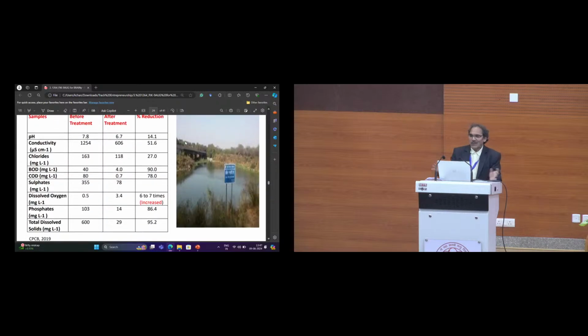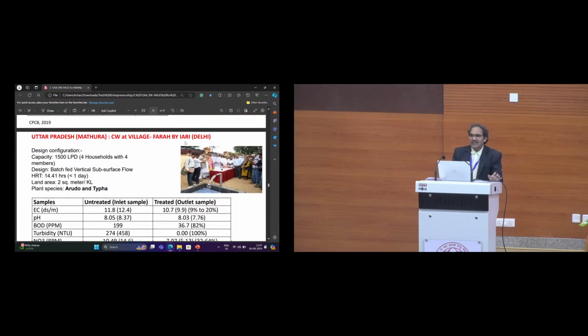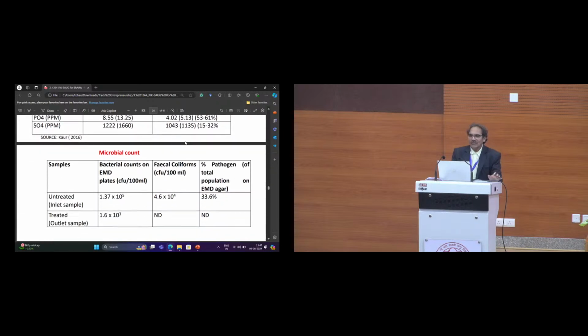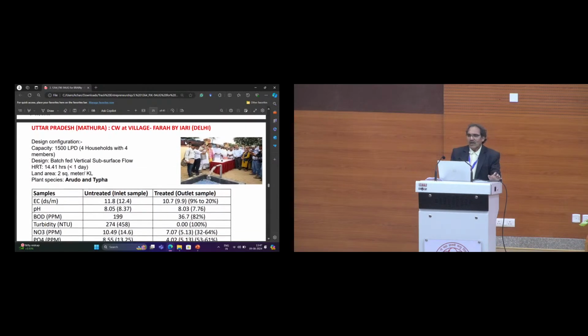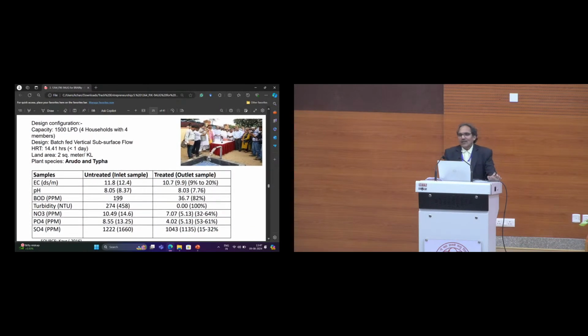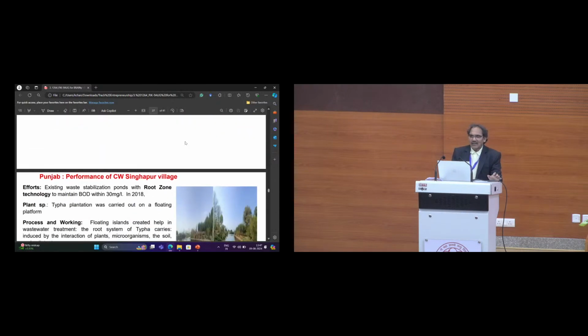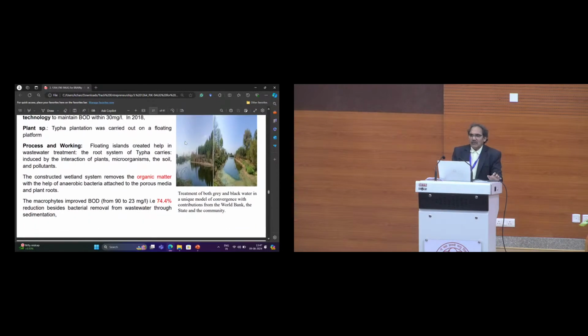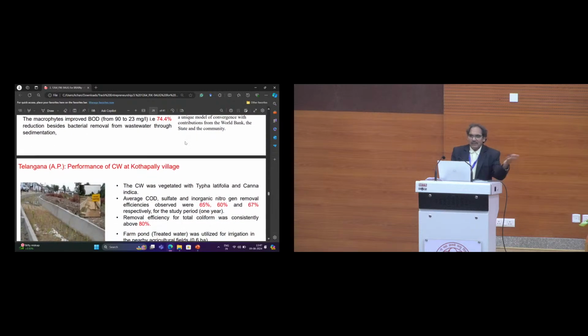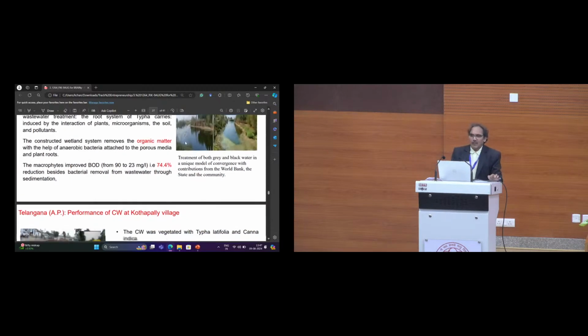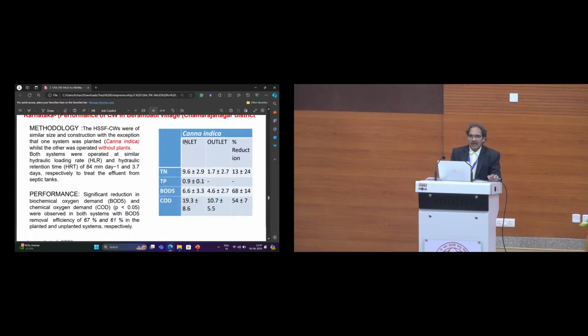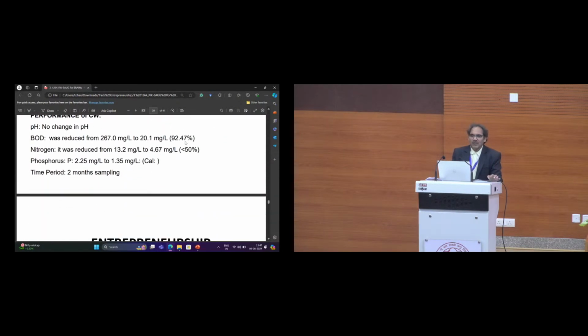There a consortium of plants was applied. This is Mathura. In Mathura also, these studies were carried out by IARI, Delhi. In Punjab, in waste stabilization ponds, they use the Typha species, and I come to the conclusion in Tamil Nadu.